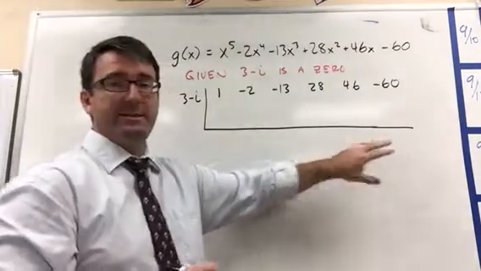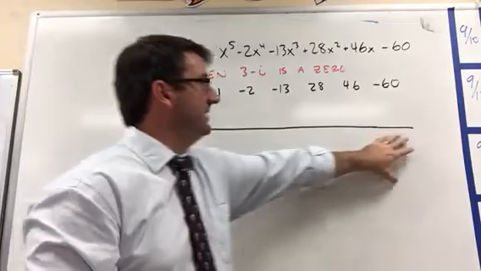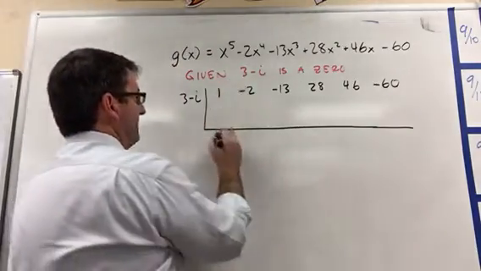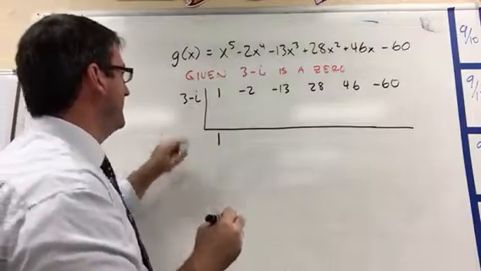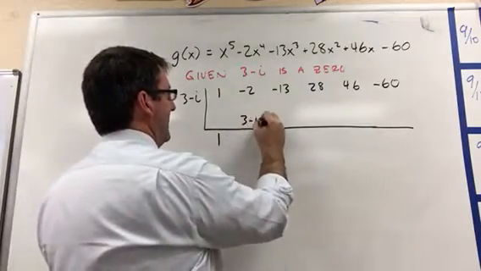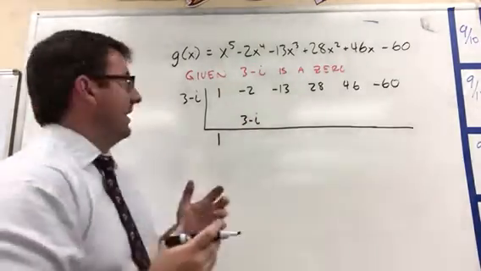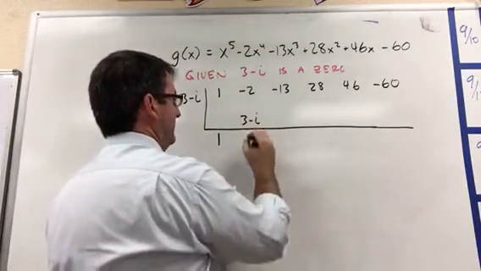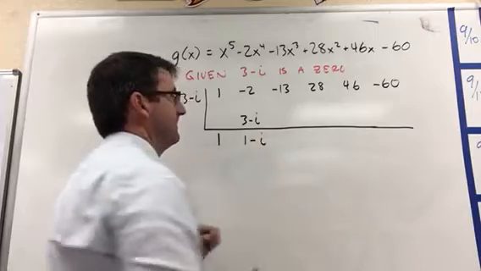All right, so now let's do this synthetic division. We should get a 0 for our remainder in the end. So drop down the 1. 1 times 3 minus i is 3 minus i. Negative 2 plus 3 minus i is 1 minus i.